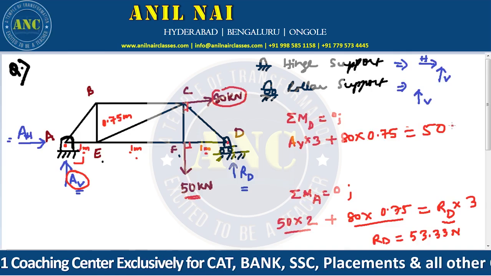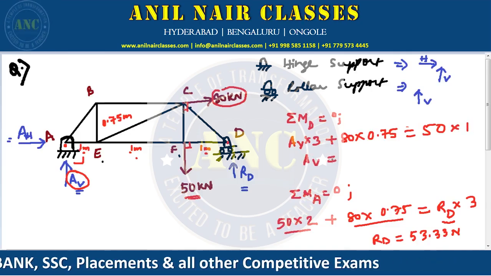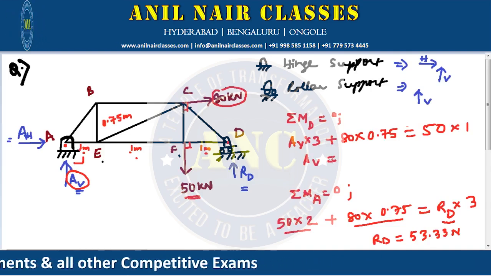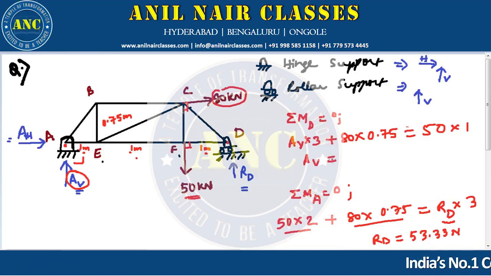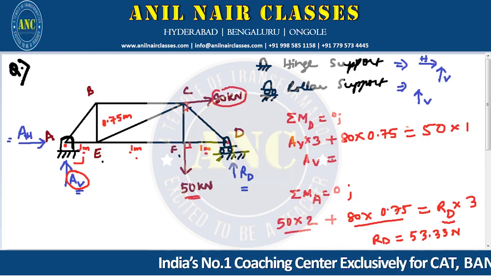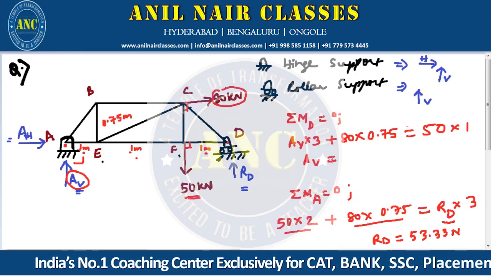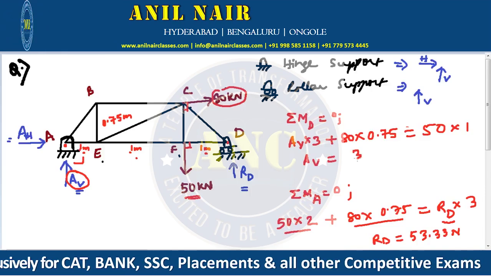And what is the distance of 50? 1. So how much do we get for AV? If we calculate, we get 50 minus 80 into 0.75, divided by 3, that is 3.33.